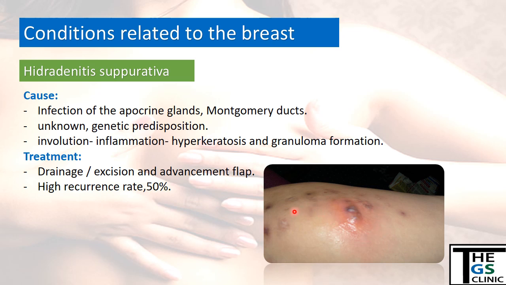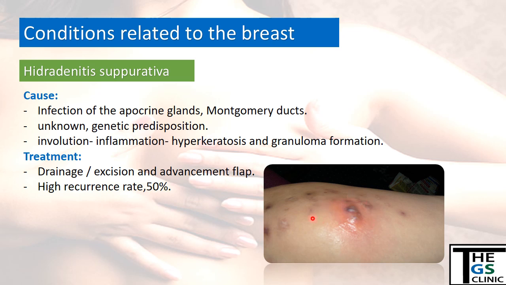So let's discuss the treatment. First of all, you need to keep the area clean, and prevention of any infection is very important. But once the infection happens, as we can see here, you need to drain the abscess, because the only solution here is to drain the abscess and give antibiotics, local or systemic, according to the condition.